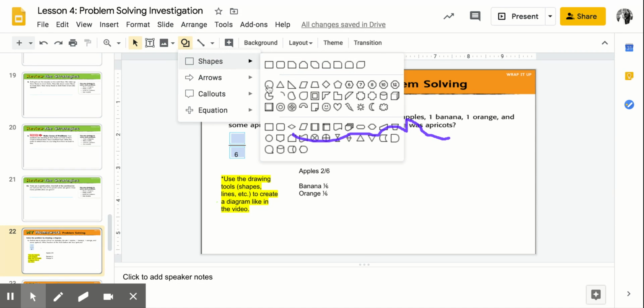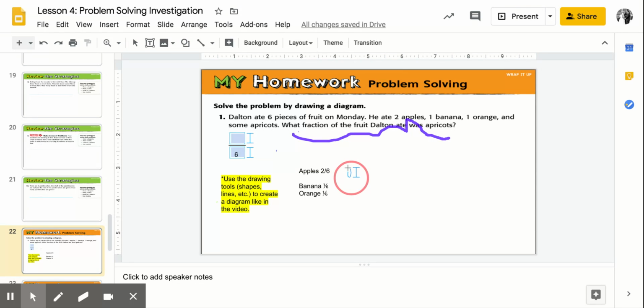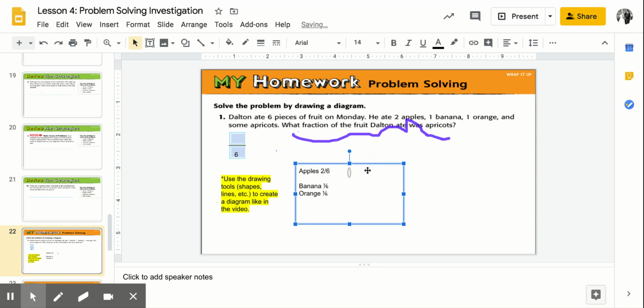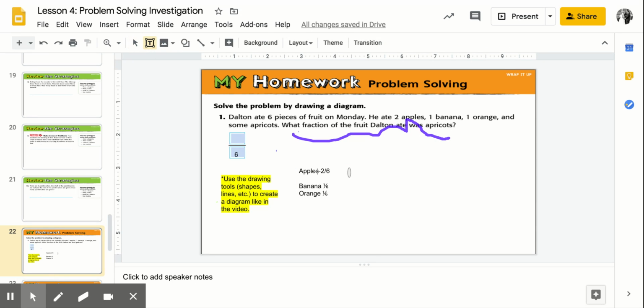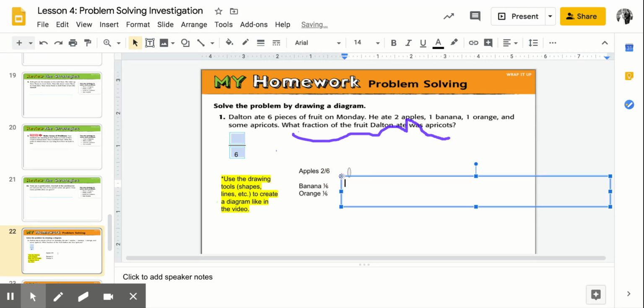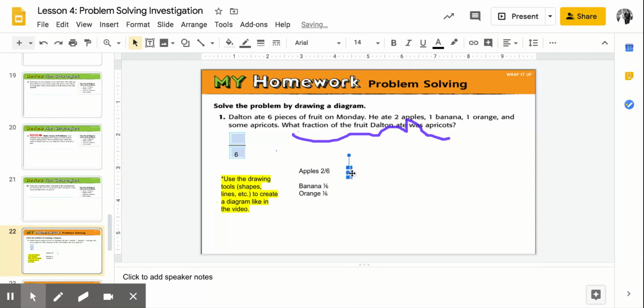I can draw 2 apples. Okay, so there's my 2 apples. Then I can have my 1 banana and then my 1 orange.